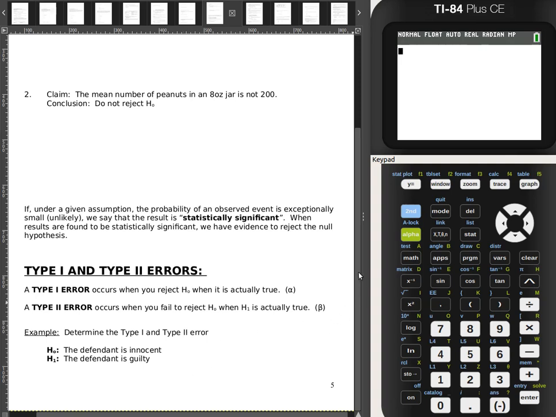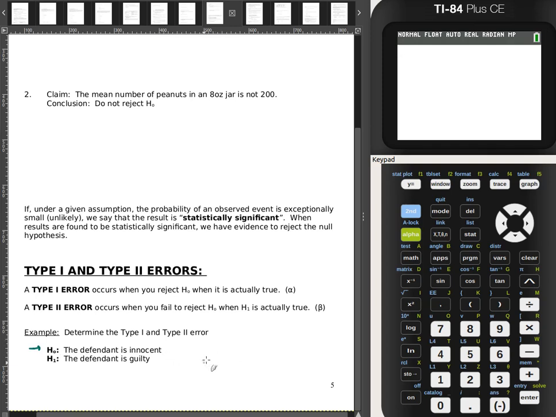I think it will be very clear when we see this example, and this is the example that I think of to remember which is which between the type 1 error and the type 2 error. So we will treat an example this way where the null hypothesis is that the defendant is innocent, so you have some type of trial going on.